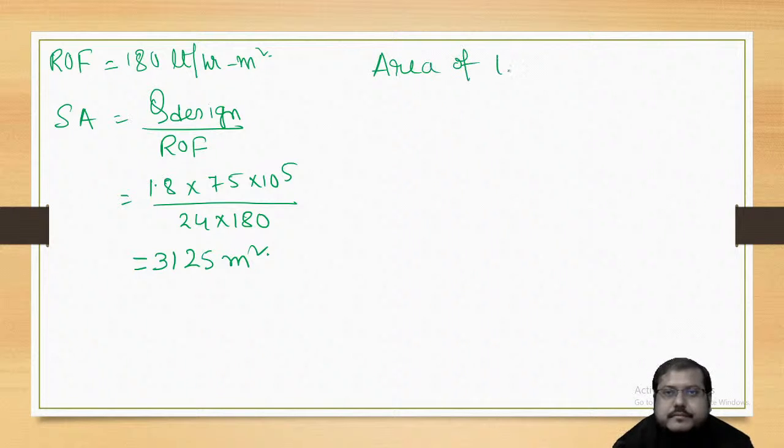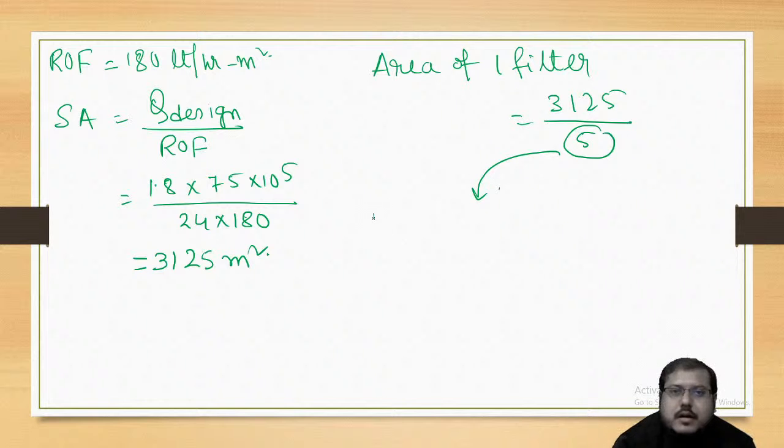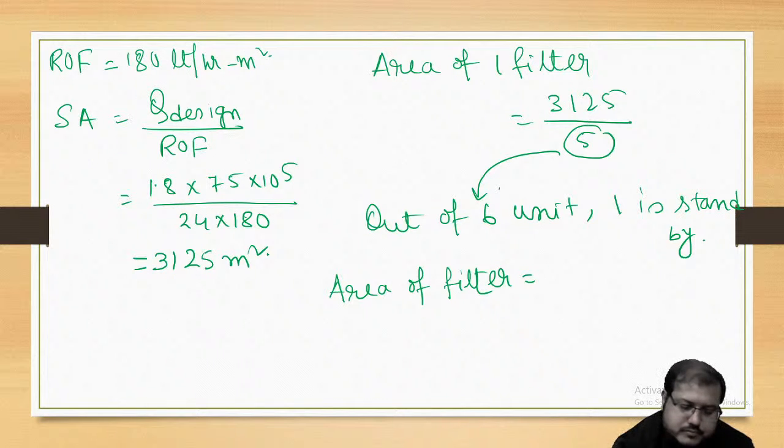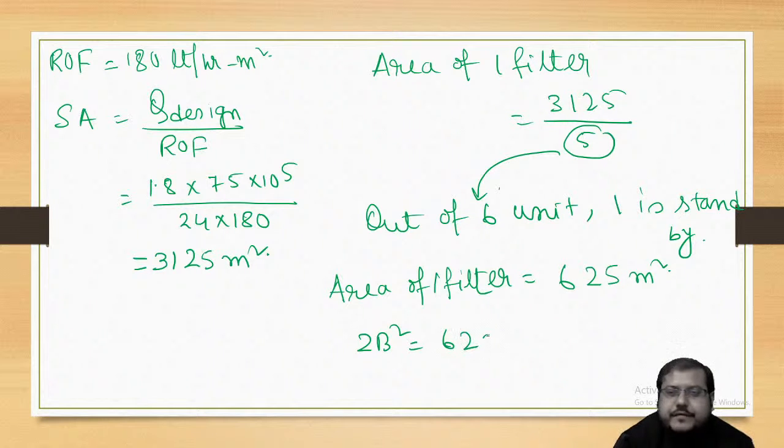Area of one filter, it's 3125 by 5. Why by 5? Out of 6 units, 1 is standby, already told. That's why by 5. So area of filter is equal to 625 meter square. So 2b square is equal to 625.